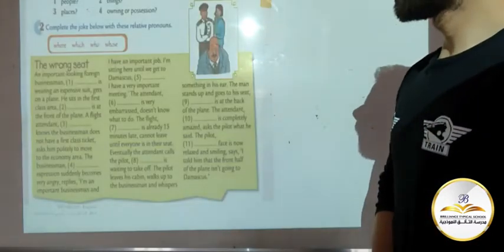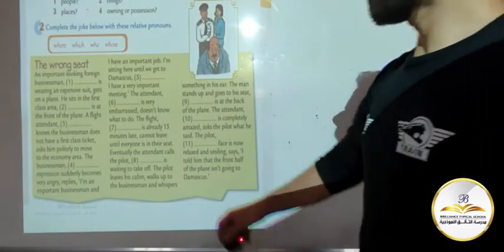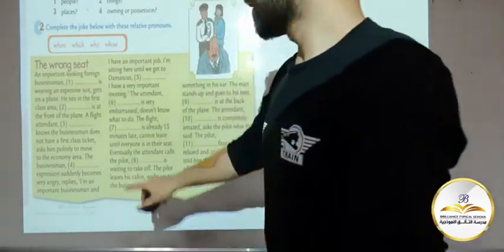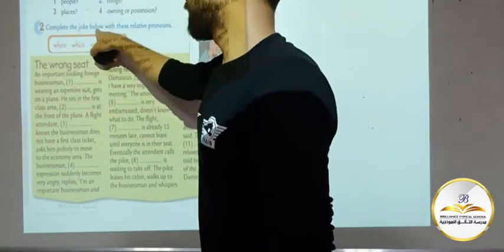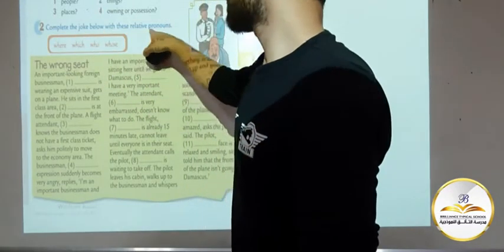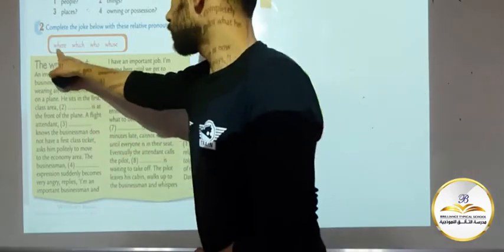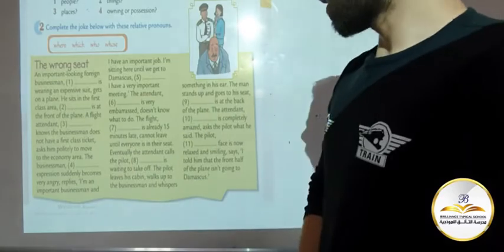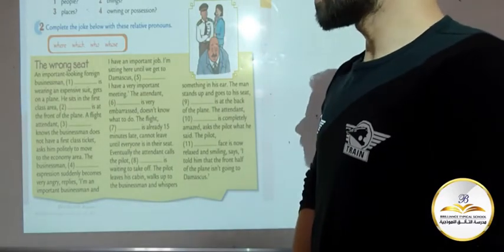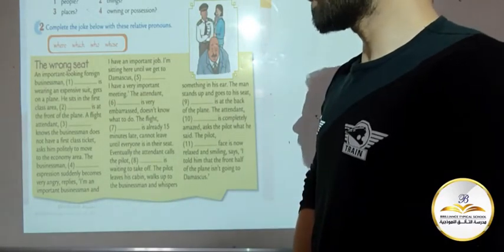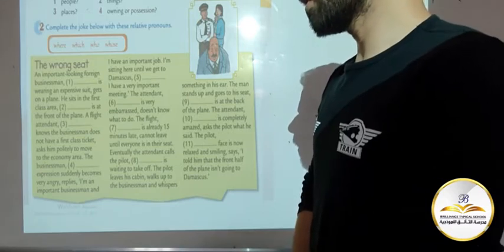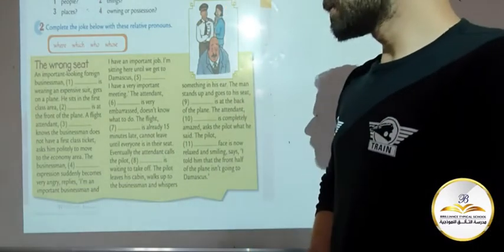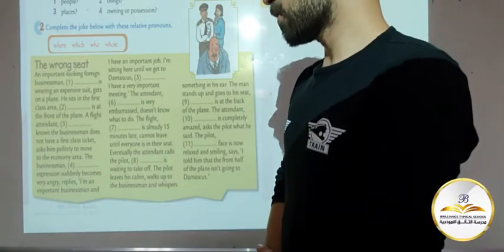Okay. Now, we have here a job, the wrong seat. They say complete the job below with these relative pronouns. You have to use these relative pronouns to complete the job. The wrong seat: an important looking foreign businessman, blank, is wearing an expensive suit, gets on a plane.